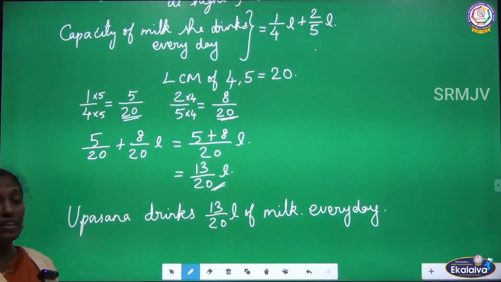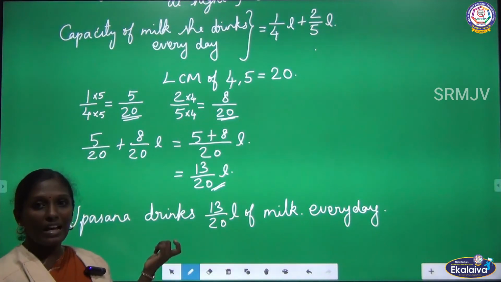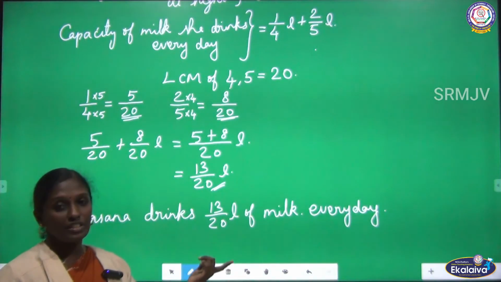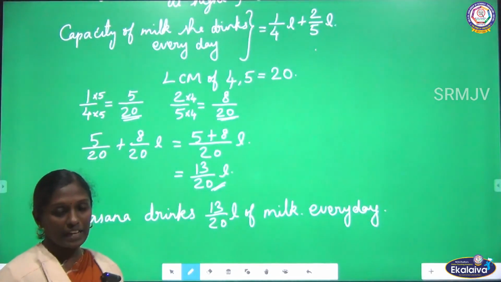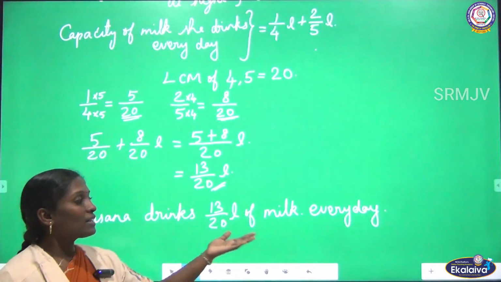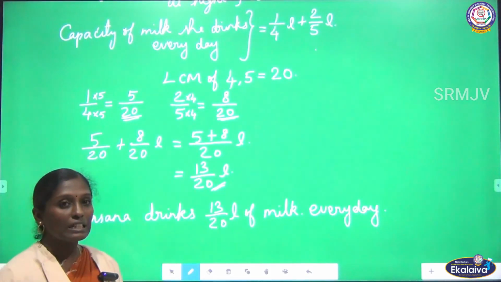Okay. To find the capacity of milk she drinks every day, we are adding the capacity of milk she drinks in the morning and the capacity of milk she drinks at night. Okay. Then we will get the capacity of milk she drinks every day. Is it clear?